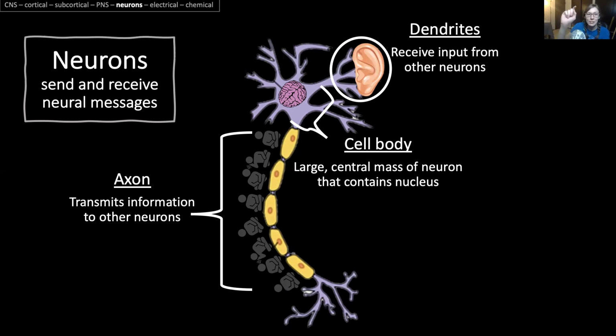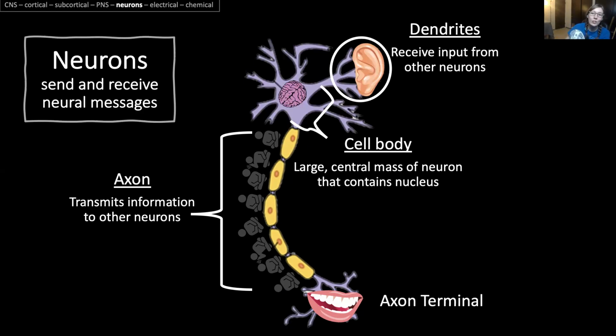Picture the axon like this long line of people playing telephone down the line, taking the message from the dendrites and passing it along down the line to the end. And then at the very end, you have what's called the axon terminal. The terminal is kind of like the neuron's mouth. So it's going to communicate the message to another part of the body or to another neuron.